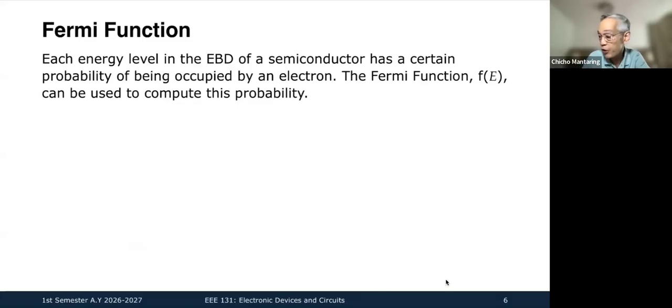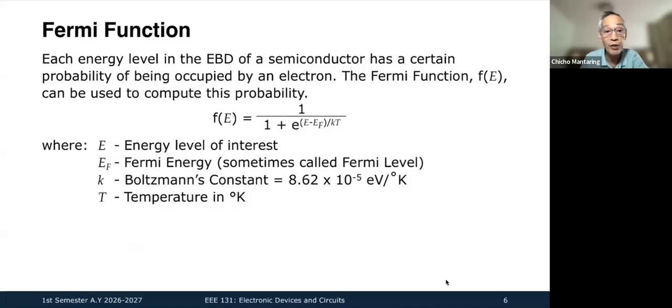This is what that function looks like. E is the energy level of interest, and we say that the probability, f of E, is equal to 1 over 1 plus e raised to the (E minus EF) divided by kT. This is the Fermi function.